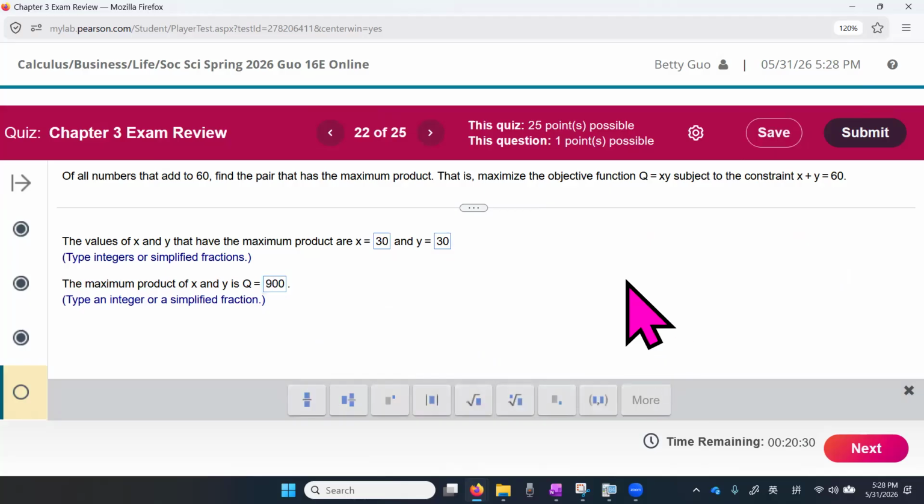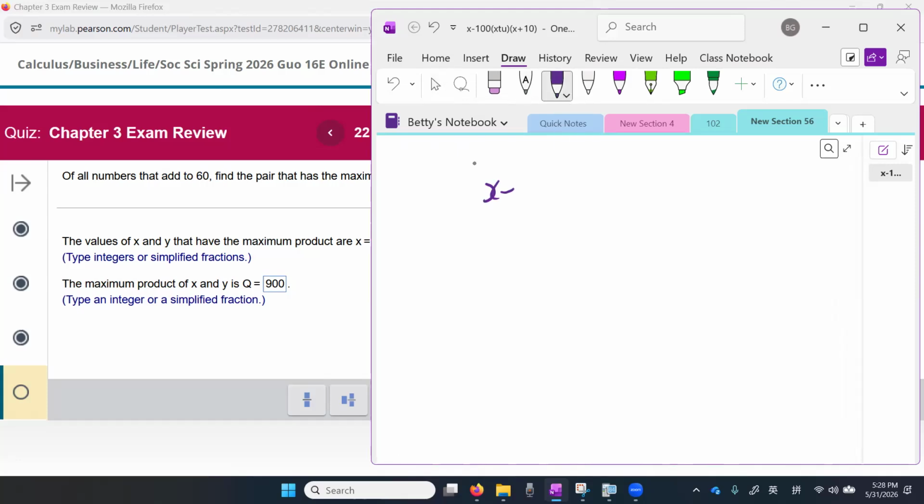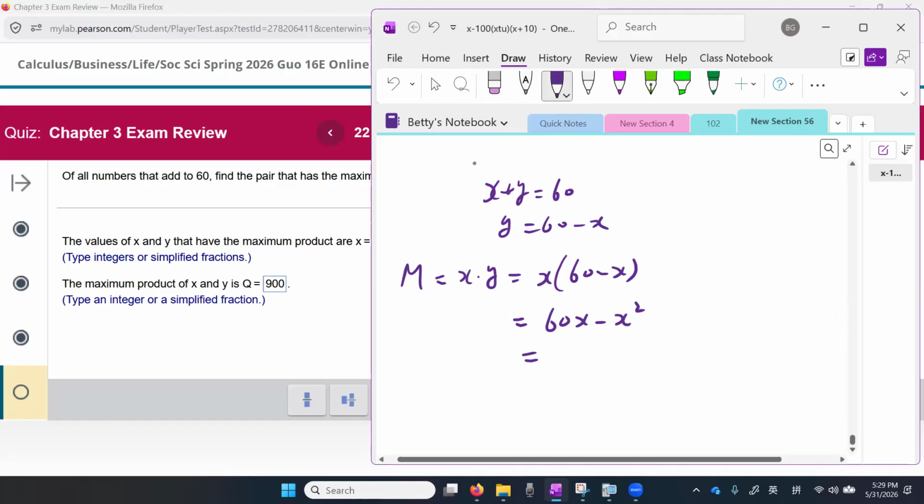Okay, we can actually show you why. So x plus y equals 60, right? So y equals 60 minus x. So the product, call it m, is x times y, which is x times 60 minus x, which gives 60x minus x squared, right?